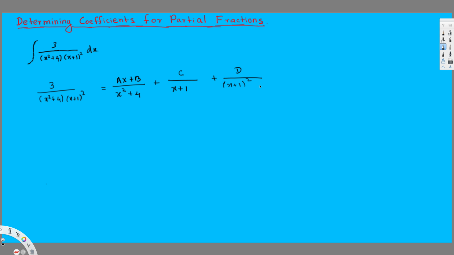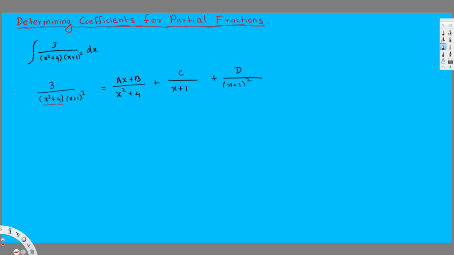Now we have to find the A, B, C, D. That's the main thing. The next thing we try to do is eliminate this denominator. To eliminate that one, I can bring this whole denominator and multiply both sides.